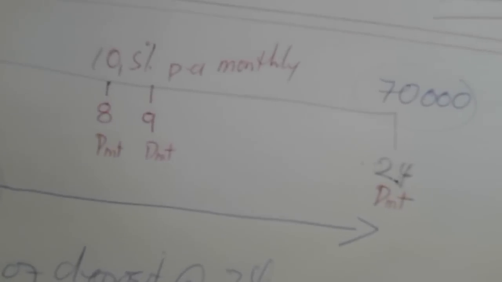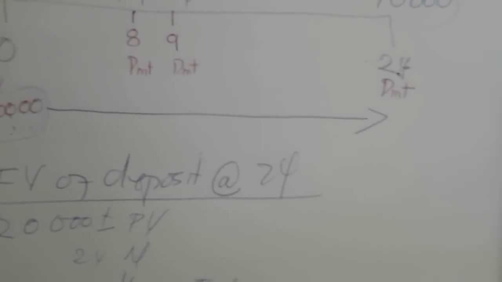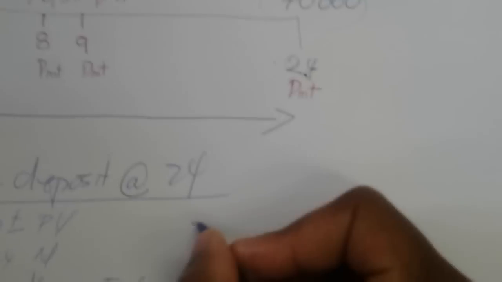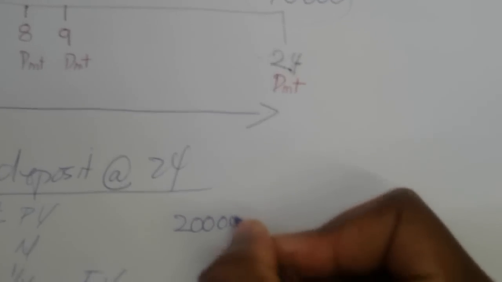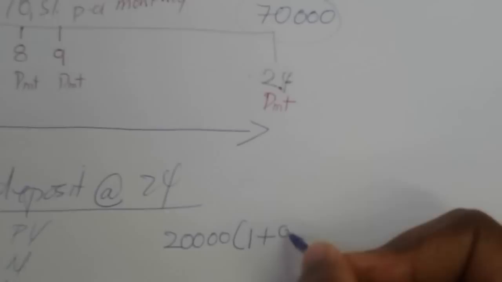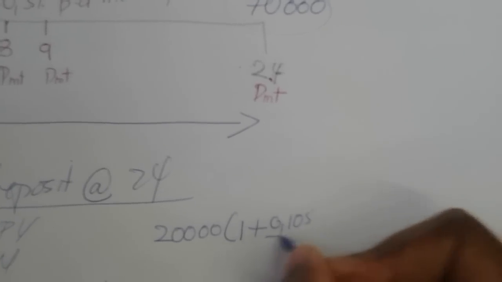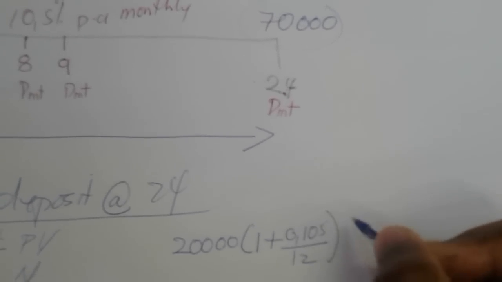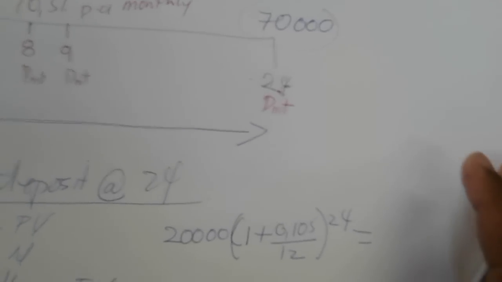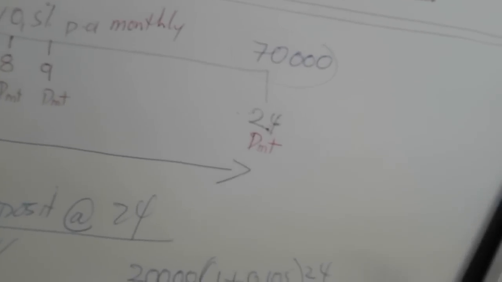So quickly, let's do that. Or if you want, you can also use the formula, which is 20,000 open bracket 1 plus 0.105 divided by 12 to the power of 24. So you can choose. It's just the same answer. You get the same answer, right?